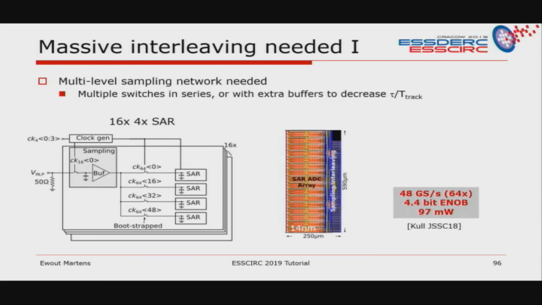It's not just an input signal and so many switches. No, it's now an input, then a buffer which samples it first, for example, interleaves it 16 times in this example, which is followed again by an interleave network at 4, and then you end up with a total interleaving factor of 64, and you can achieve almost 50 gigasamples.